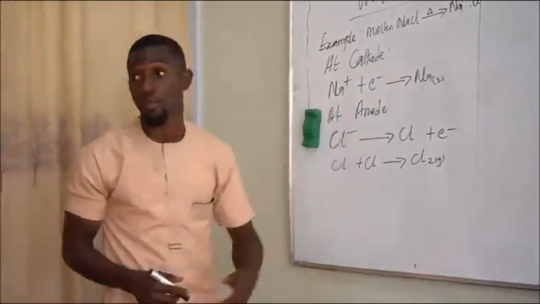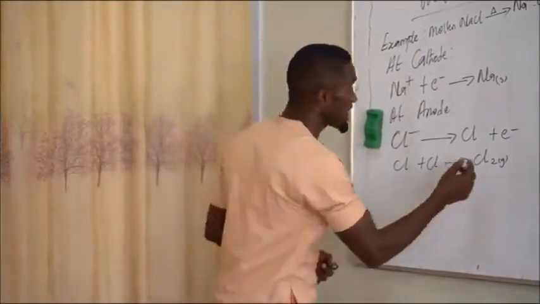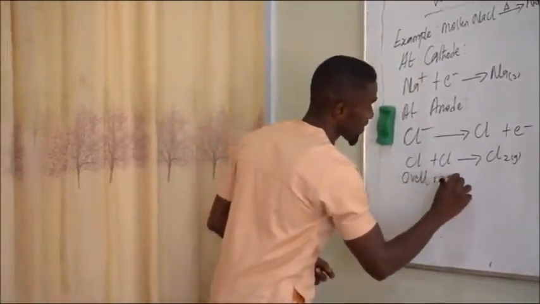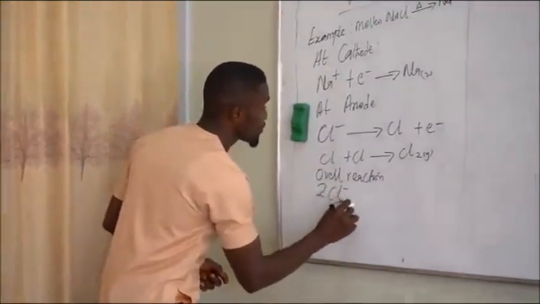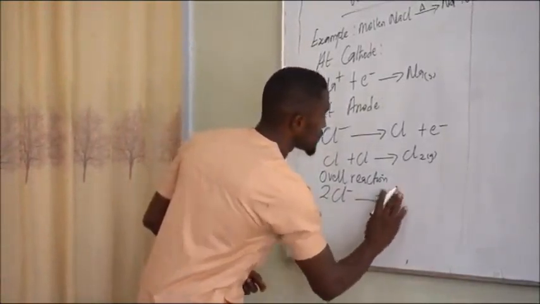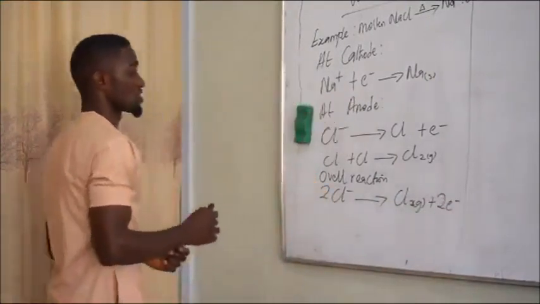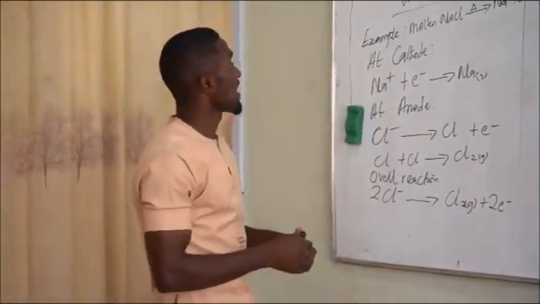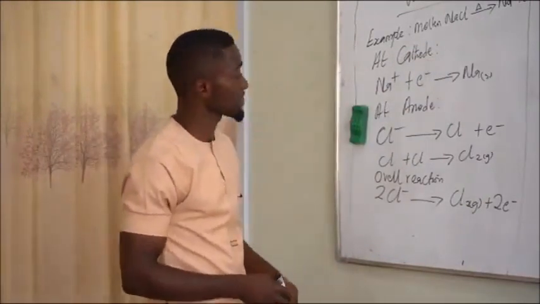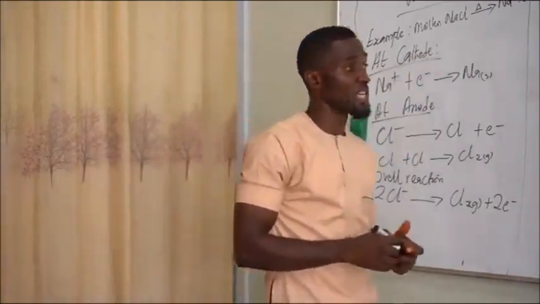That means another atom of chlorine will combine to produce chlorine gas. The overall reaction is two chloride ions producing chlorine gas plus loss of two electrons. So here, in the case of molten sodium chloride, at the cathode, sodium metal is deposited. At the anode, chlorine gas is deposited.